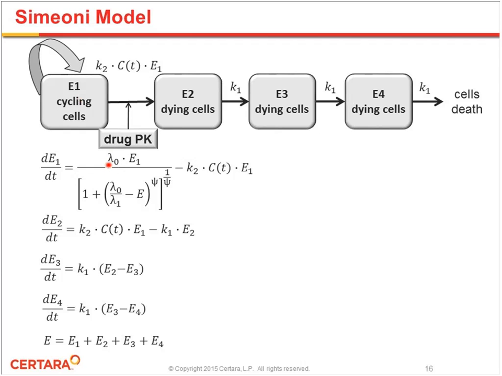But then after a certain time, the growth becomes more linear. For the linear phase, there's another zero order rate constant, which is lambda 1. And this assumes that you will never reach the plateau of the sigmoidal curve.